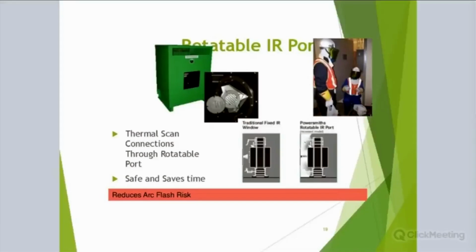Problem is those require multiple windows to see all the points of interest inside of a transformer, or you have what's called a rotatable IR port that will see all those areas with one port that you can set your camera on and rotate it and be able to see all of the key points in the transformer to see if you have a heat problem or a resistance problem.